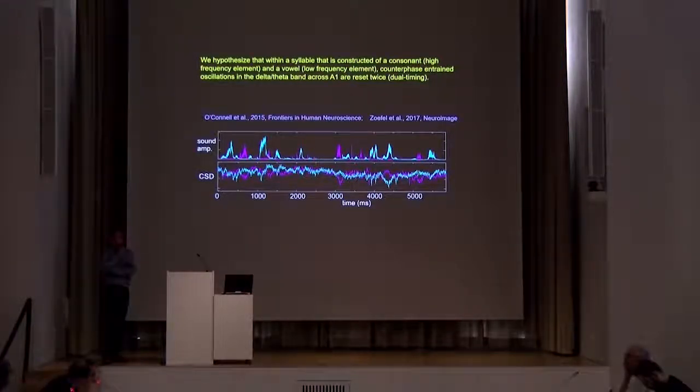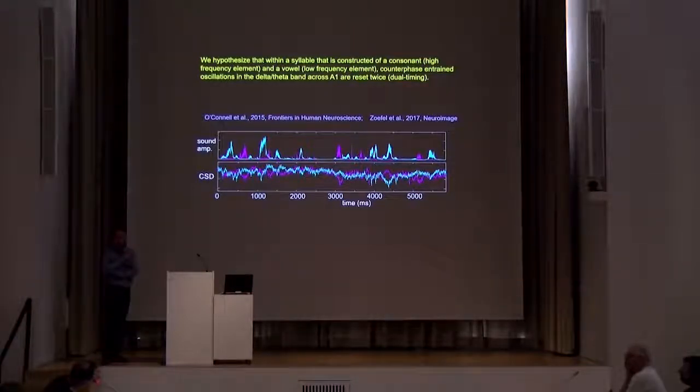I actually have a related question. You were saying that the high-frequency event in the spectrogram is triggering the reset to prepare the system for upcoming input, right? Upcoming low frequency, yes. What would come up would be a vowel, and the vowel space is much less distinctive in information theoretic terms.